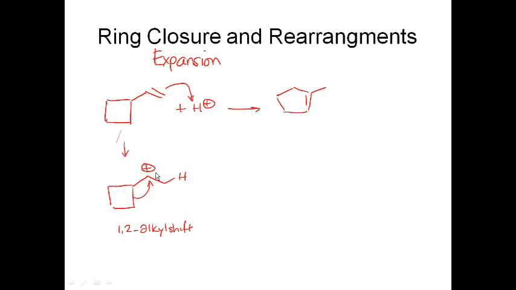Now, if I look at the carbons here, here's this carbon, here's a carbon that I'm going to circle, and it has 2 hydrogens. And then here is a carbon that has a square. What will happen is that this carbon, which I'm going to draw in bold, this carbon-carbon bond breaks, and that pair of electrons moves to that carbon. So I end up with a 5-membered ring first.